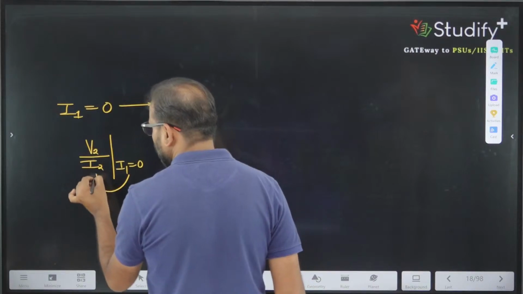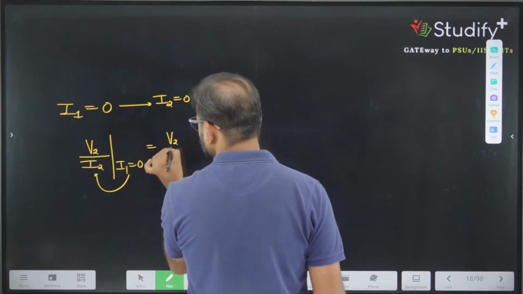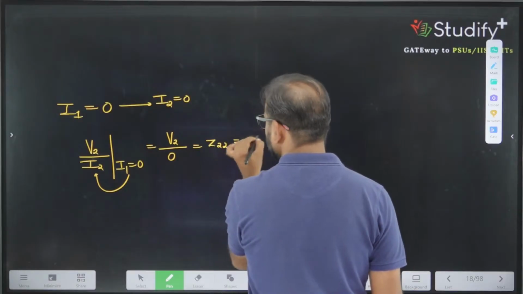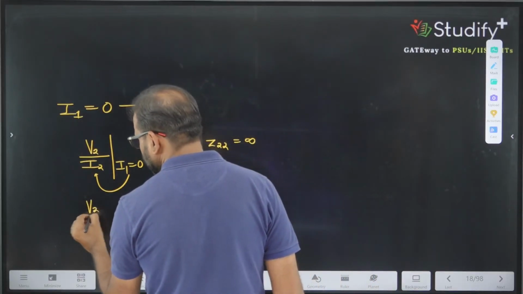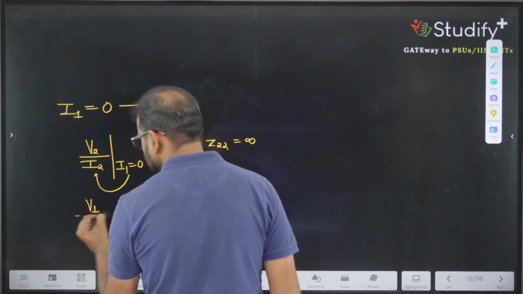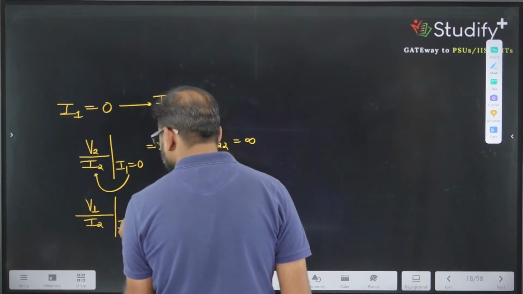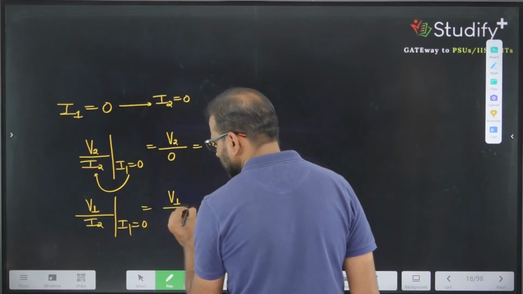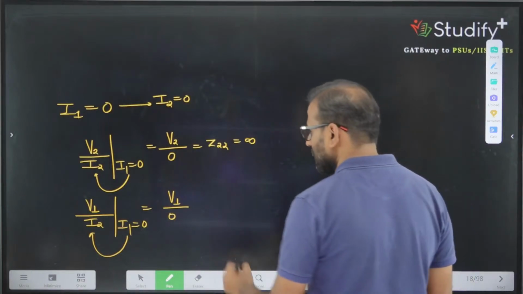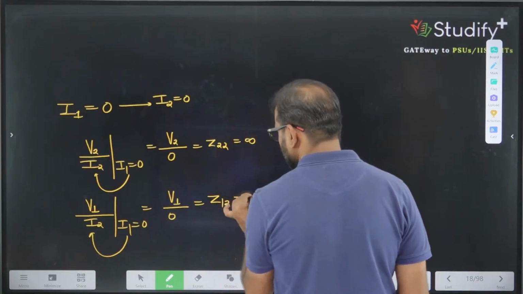But I1 equal to 0 will make I2 equal to 0, so this parameter is again V2 divided by 0, and that is Z22, which is infinite. And V1 divided by I2 by making the input port open circuited, that is V1 divided by 0, because I1 equal to 0 will force I2 equal to 0, and that parameter is Z12, that is also infinite.